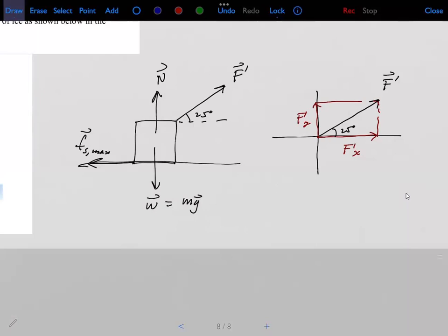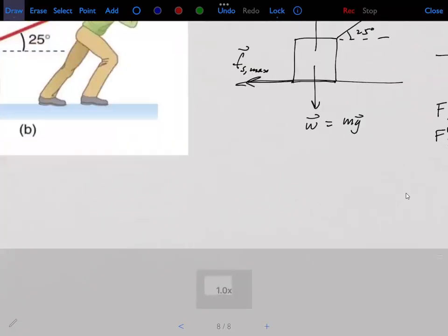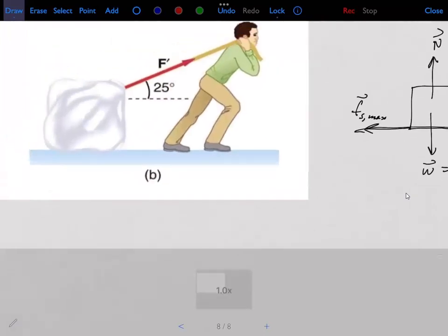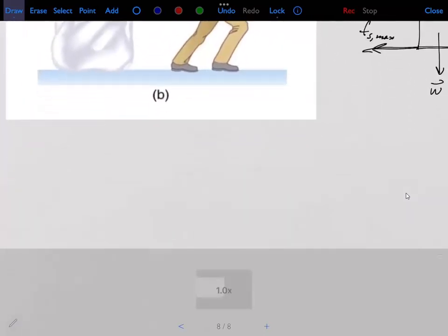So it turns out that F prime x is going to be F prime times cosine of 25. And it's positive, it's pointing to the right. And then F prime y is F prime times sine of 25 degrees. And it's positive, right? Because in this case, it's pointing up. Whereas in the other case, when you're pushing, it was negative, it was down, but in this case, it's up. Okay, so let me start by applying Newton's second law to the y direction.